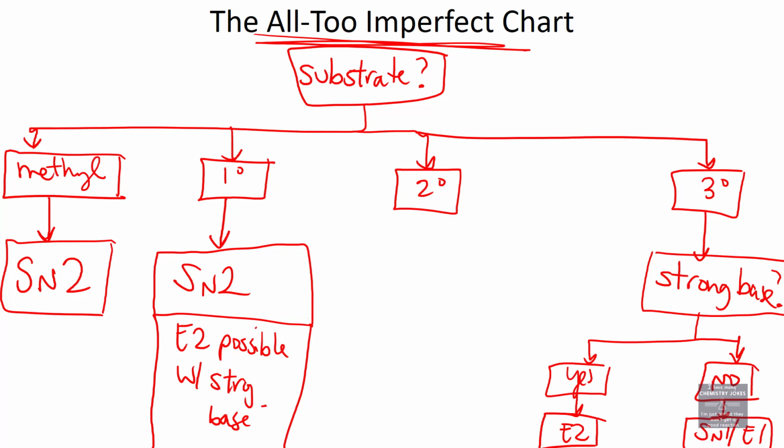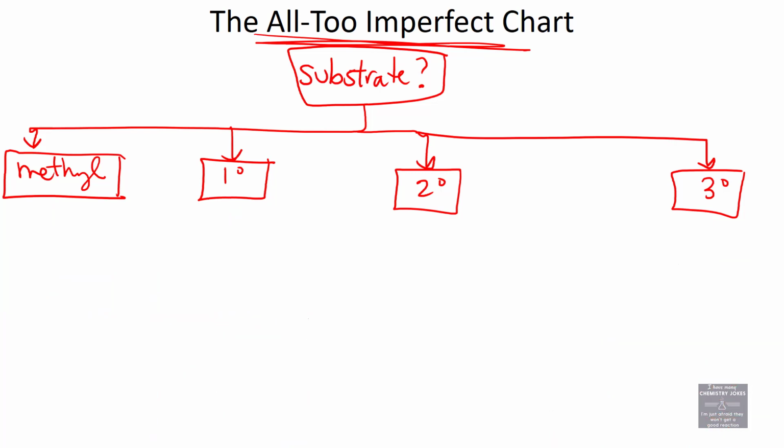Yeah? All right, since secondary can do multiple things, I'm going to need to clear up some space so that I have more room for it. All right, so under secondary, since everything is possible, we need to narrow the field a bit. The first question to ask is, do I have anions in my solution?